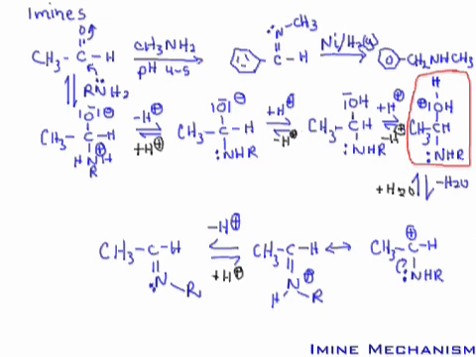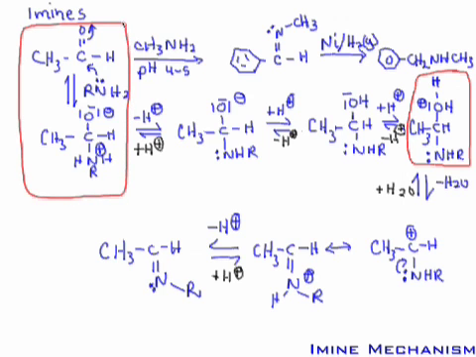One could argue, then why not just throw in lots of acid? Too much acid would protonate the lone pair on the amine. So likewise, this step right here requires the pH 4 to 5, but for the opposite reason. This step needs the acid, but this step needs it basic.